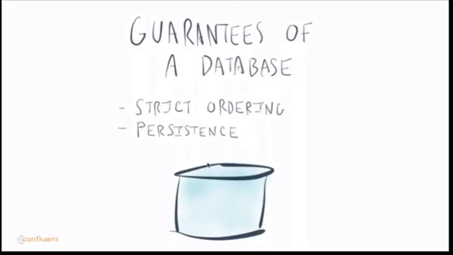If I have updates for a database that are being replicated through the system, I can't reorder them. The customer updates their account twice. They have a first update and a second update. If I reorder them, they may get the wrong final value. And so having strong guarantees around both the ordering of data and the persistence and replication are really important.